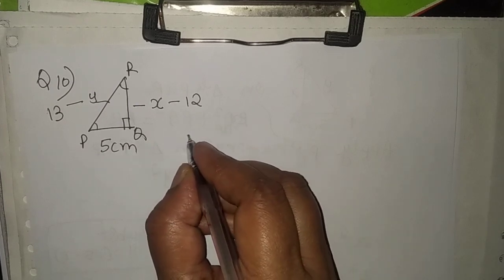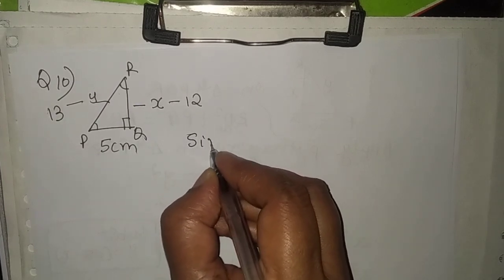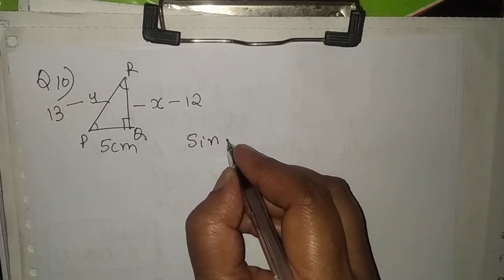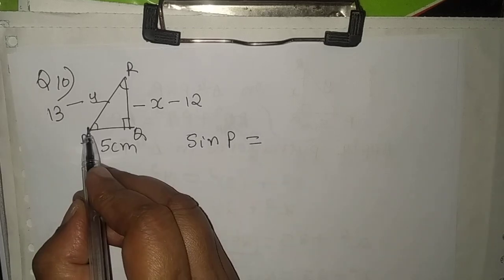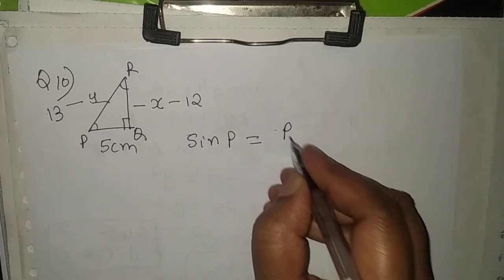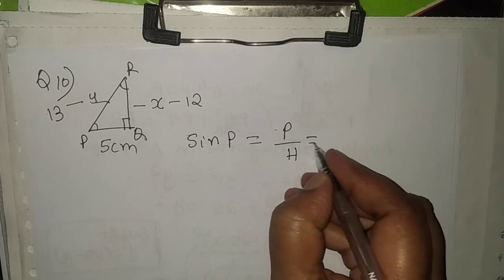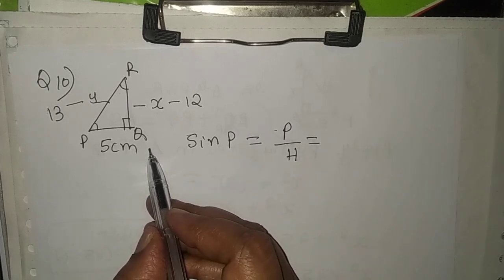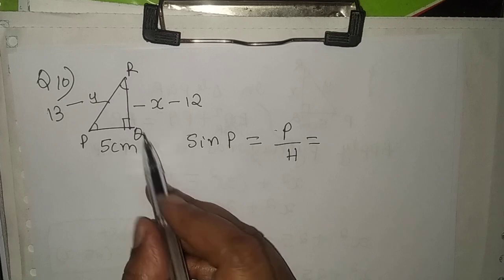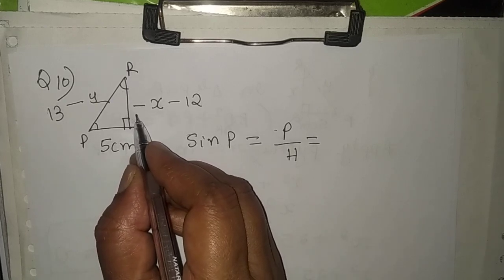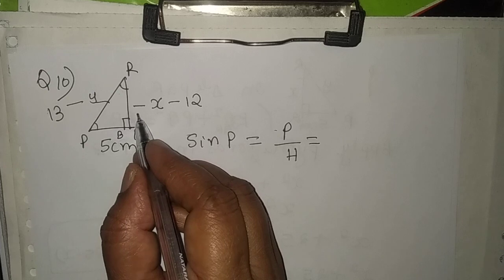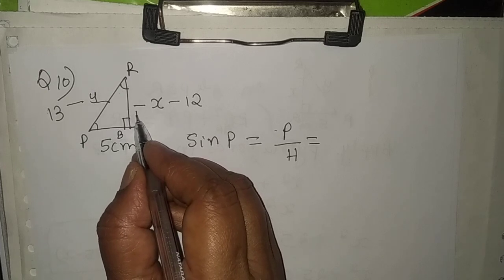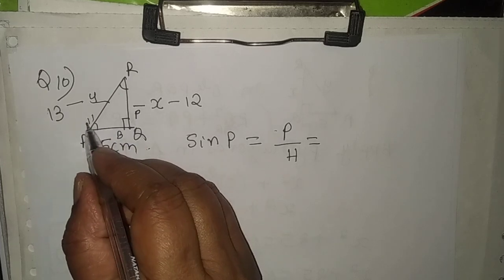Now what about sin theta? Sin P will be perpendicular by hypotenuse. What is perpendicular is RQ. This is base, this is perpendicular, and this is hypotenuse.